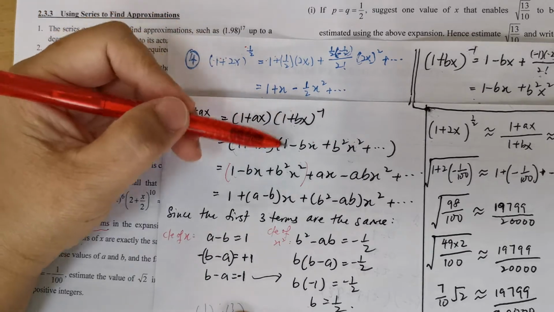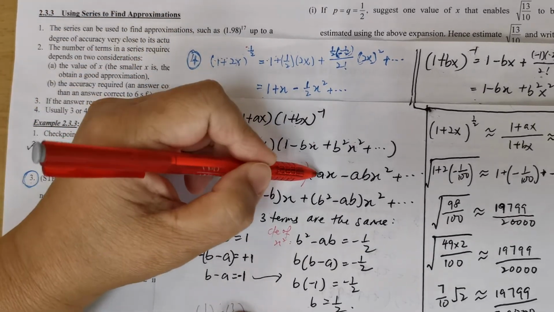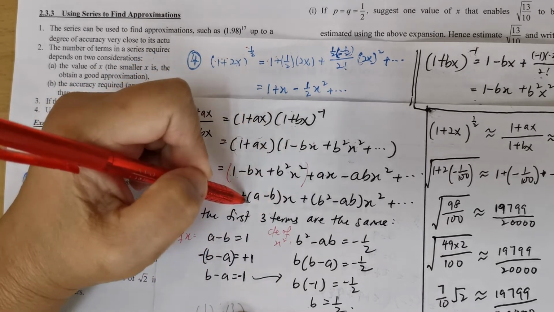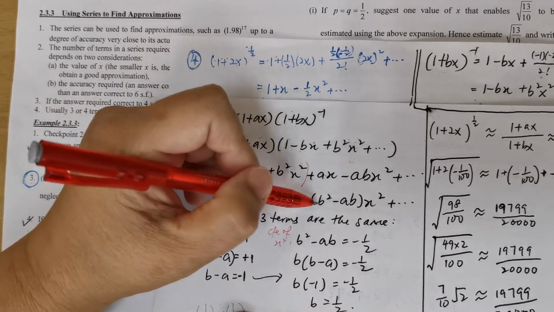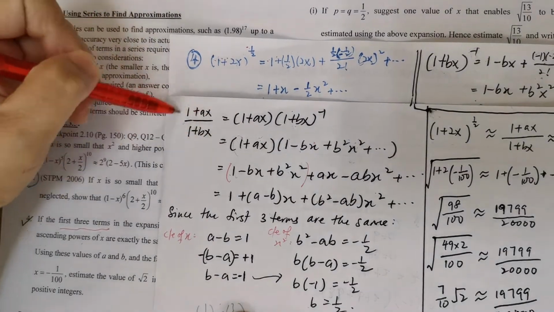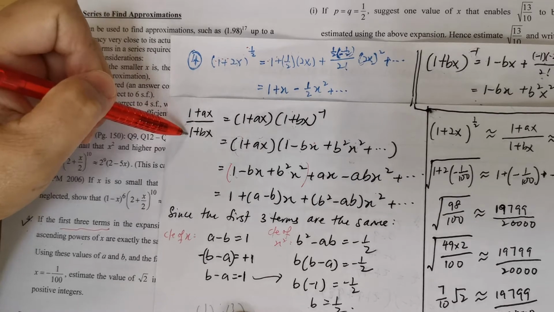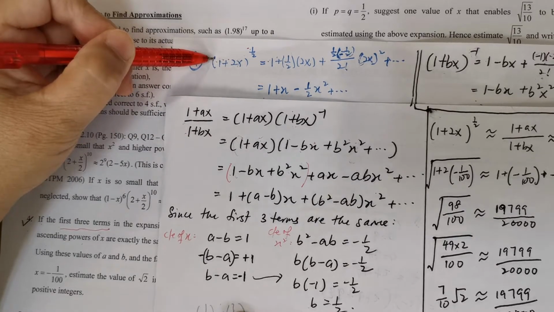Alright? So after we simplify all the terms, 1 minus bx plus ax, factorize out the x. Then b squared minus ab for x squared. Yes. So this is the expansion for 1 plus ax over 1 plus bx. And this is the expansion for 1 plus 2x to the power of half.